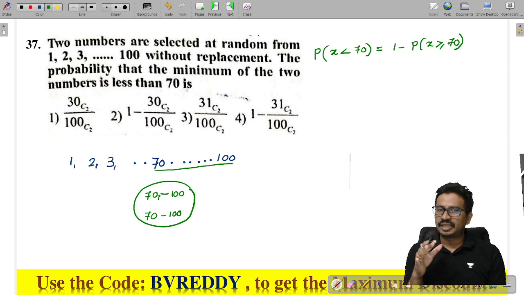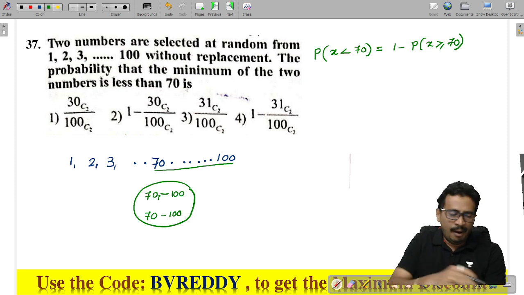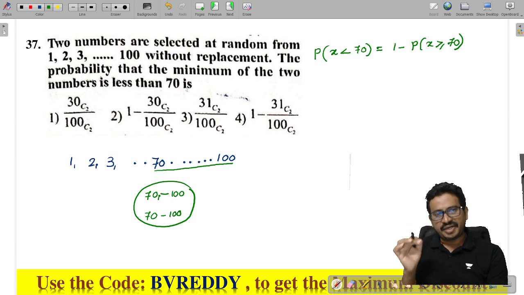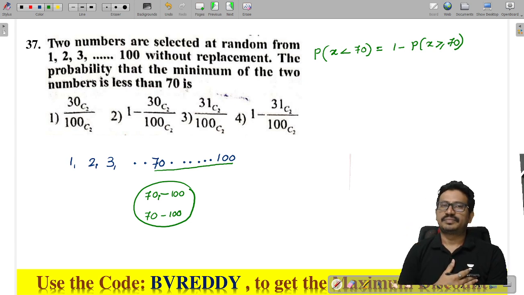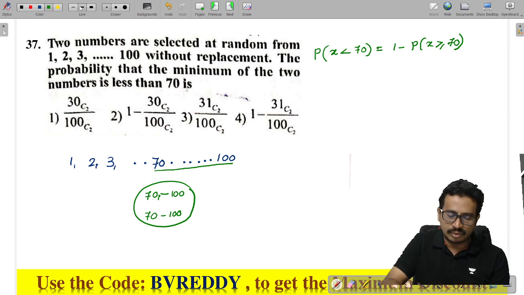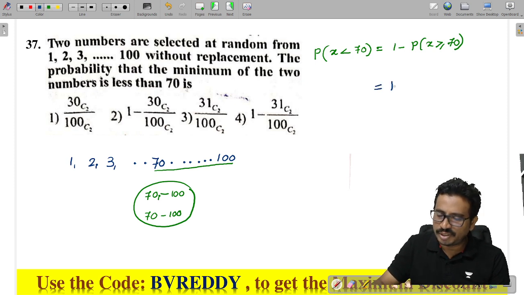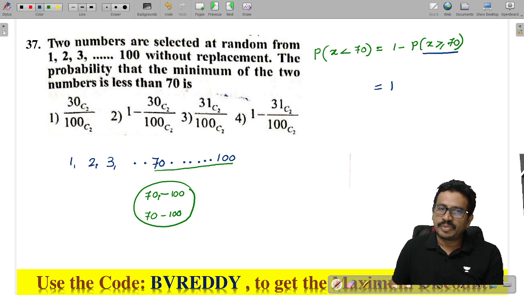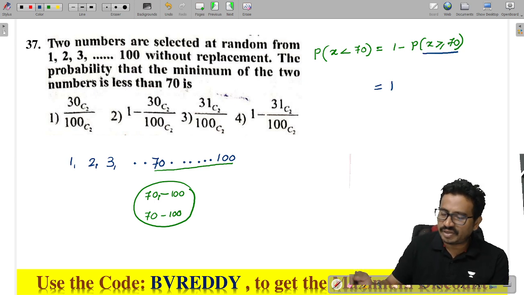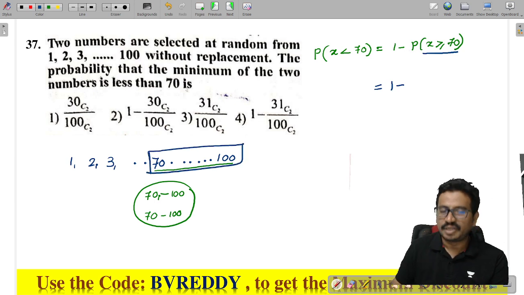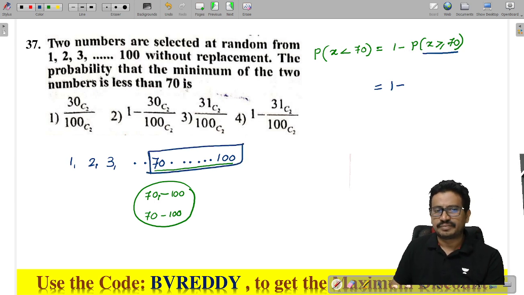I will definitely get a minimum number greater than or equal to 70, isn't it? So tell me now, what is the probability of selecting the two numbers where the minimum is greater than 70, that is 1 minus, how many numbers are there in between 70 to 100? 30 or 31?